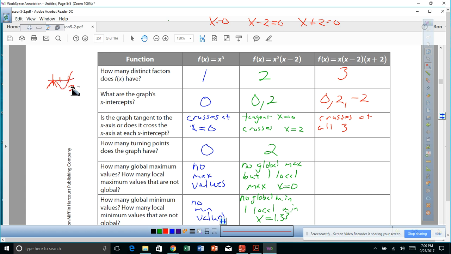This one has no squares, it has 3 separate factors, and since none of those are squares, it's going to go through the point there.